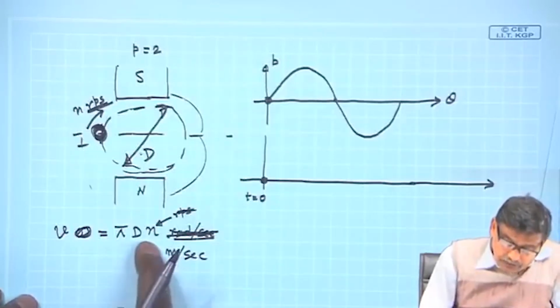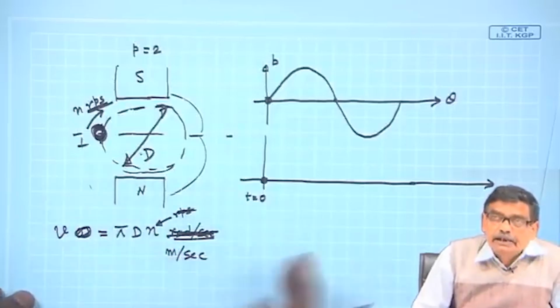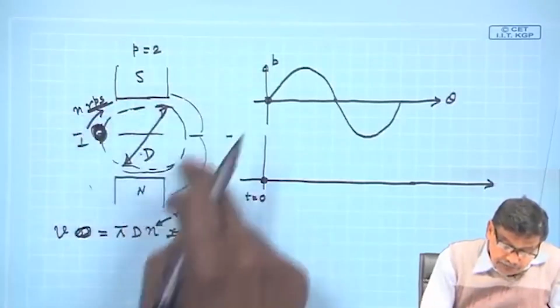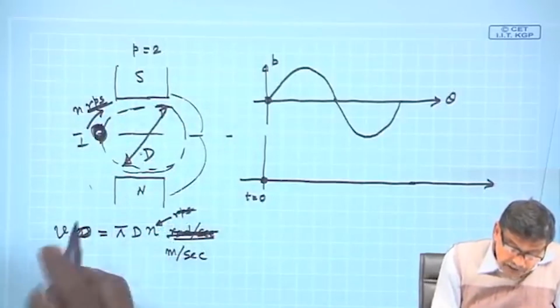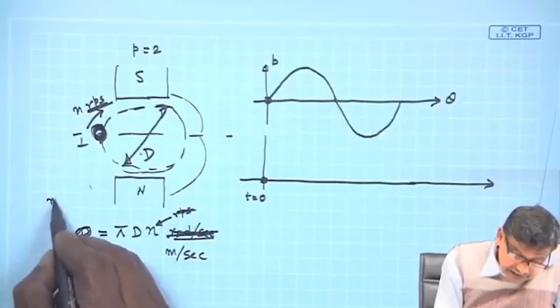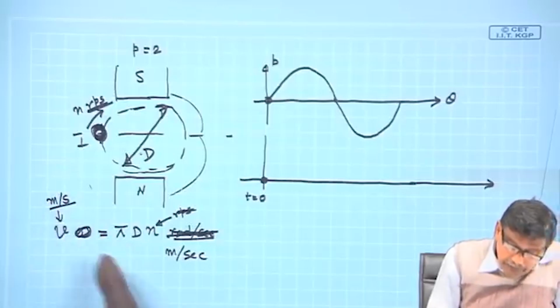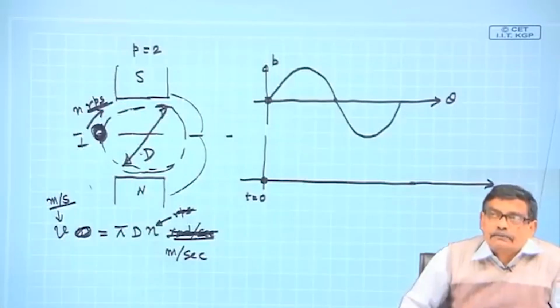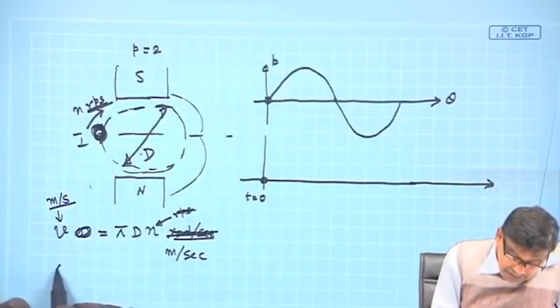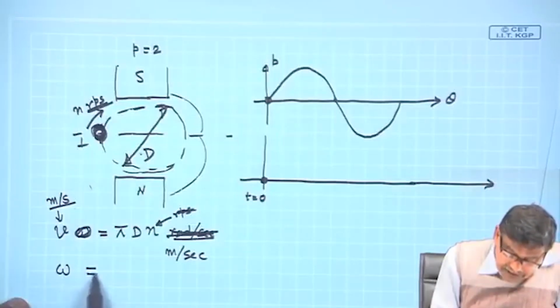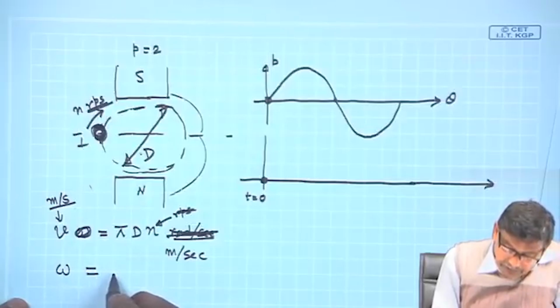See, in 1 second, one rotation means pi d meter, the conductor moves. In 1 second you are making n rotations. So, velocity in meter per second will be pi d into n, that is all. And omega, the speed in radian per second, will be how much?